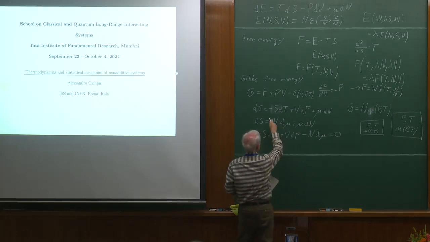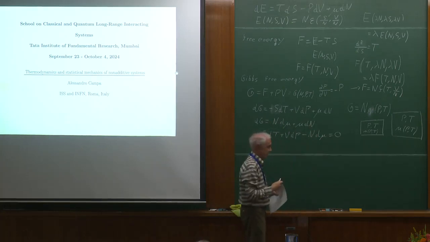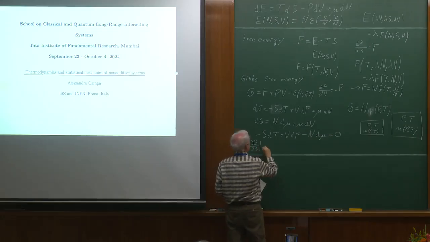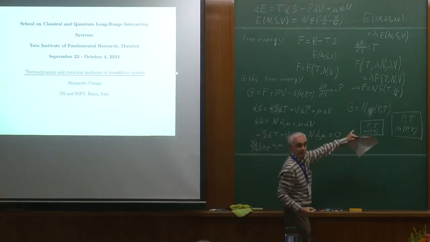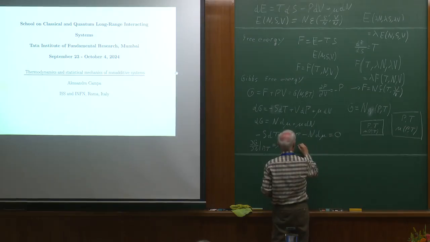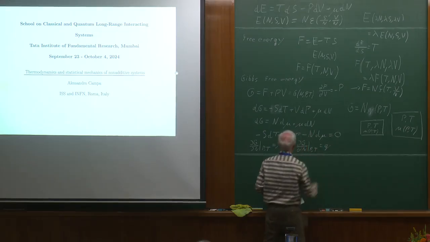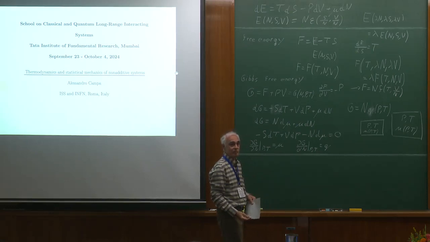But now this is the differential equation satisfied by the Gibbs free energy. So if you do the same thing here, you get that G is equal to mu N. Okay.